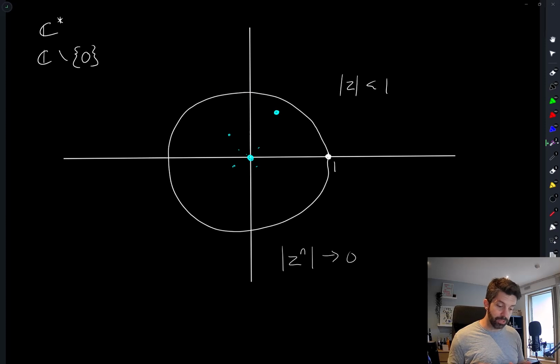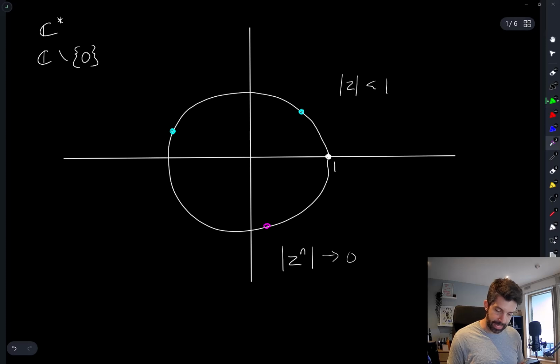Now, the unit circle itself is a subgroup of C star, and it's clearly compact, it's closed, and it's bounded. It is a subgroup because if I take any two points on the unit circle and multiply them together, I will get a third point somewhere on the unit circle.